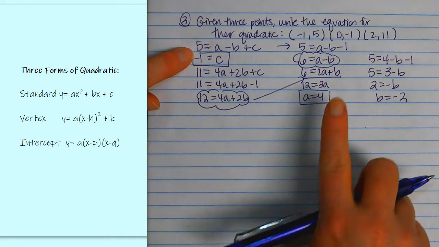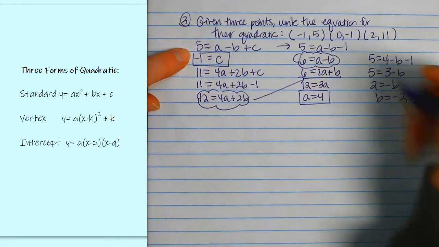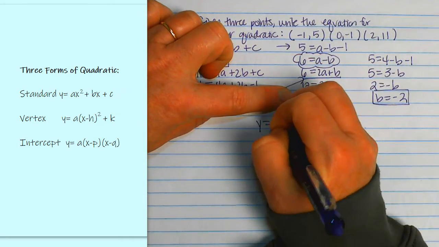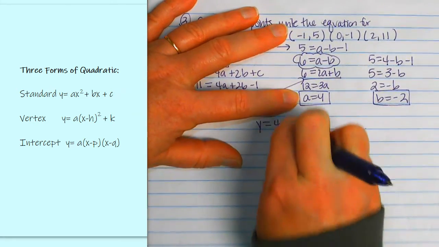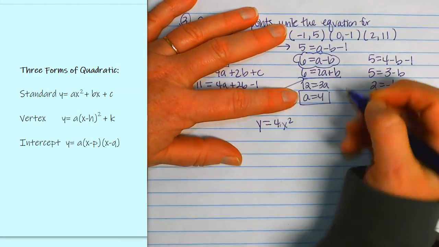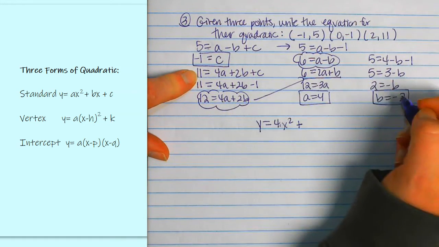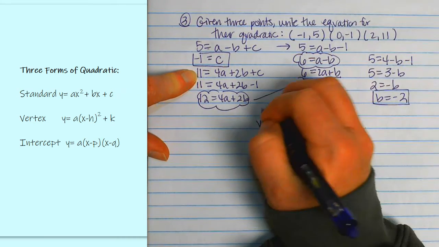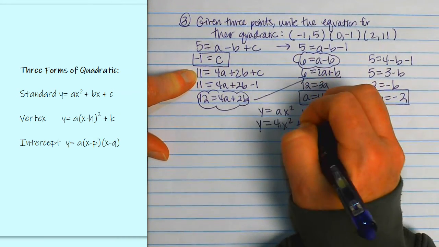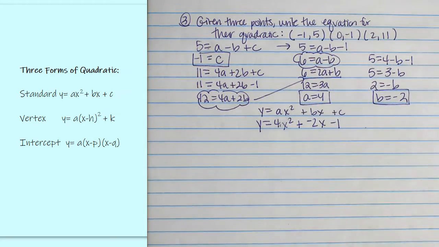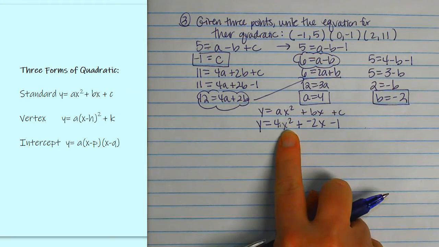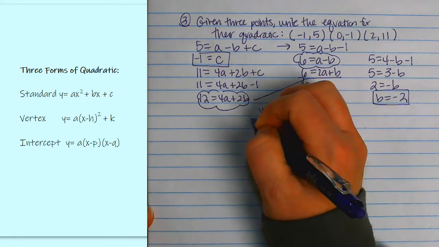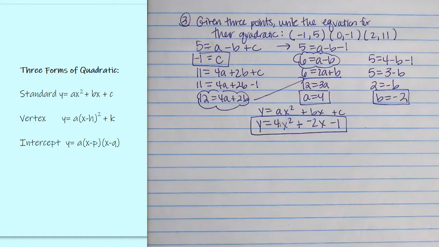When I put A, B, and C in my equation, I then have y equals Ax squared plus Bx plus C. And it might be easier to write it in standard form above and then just substitute in underneath. So A is 4, B is negative 2, C is negative 1. You can see it really clearly right there. Okay, so 3 equations and then simplify.